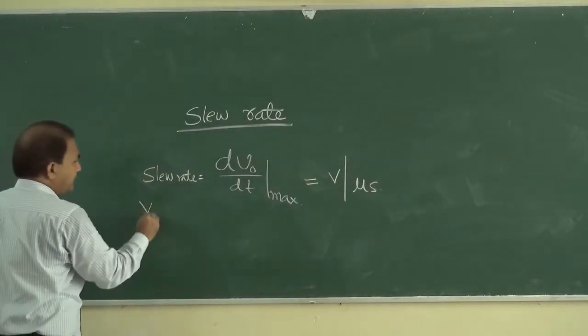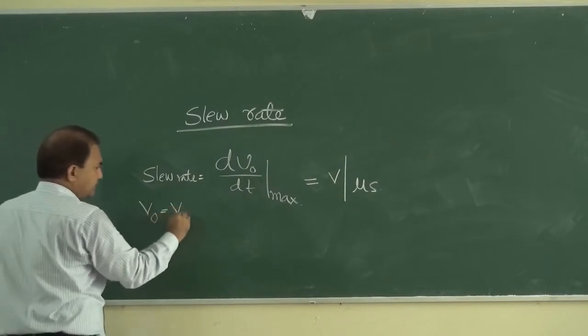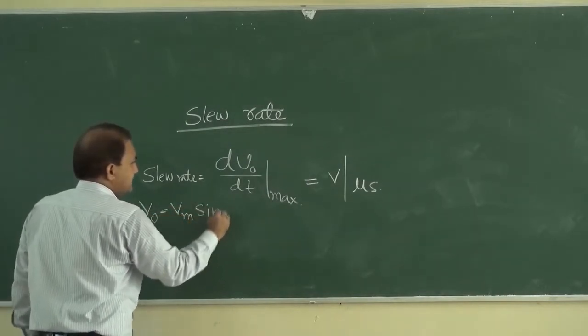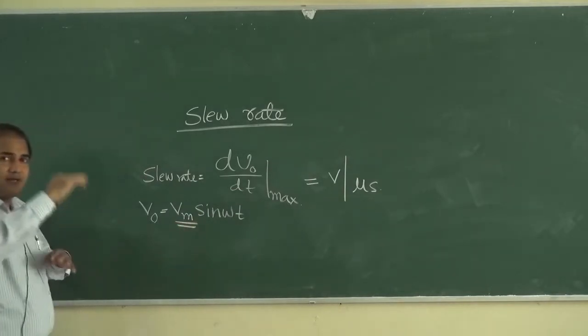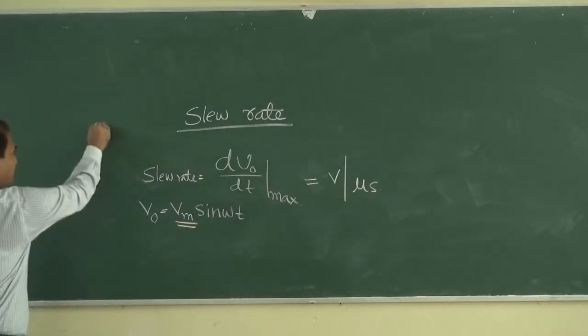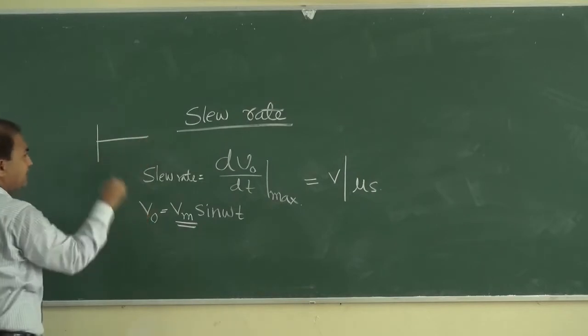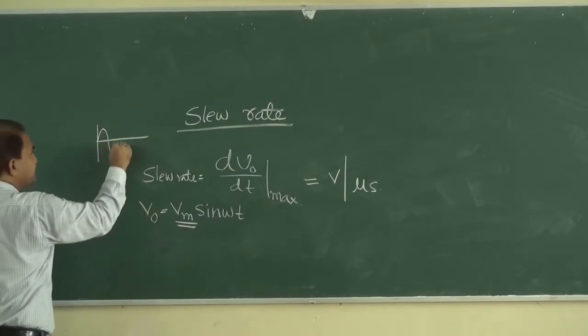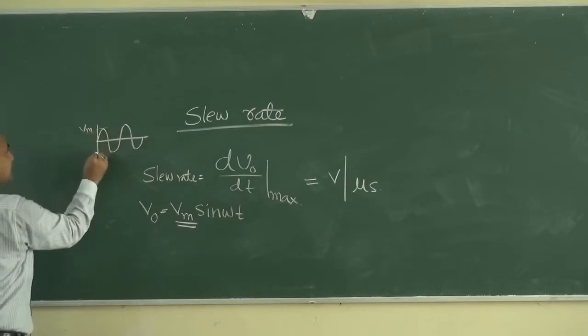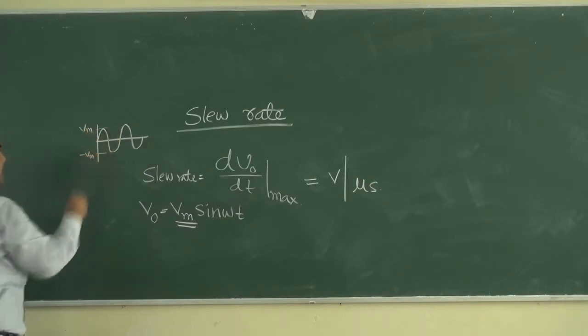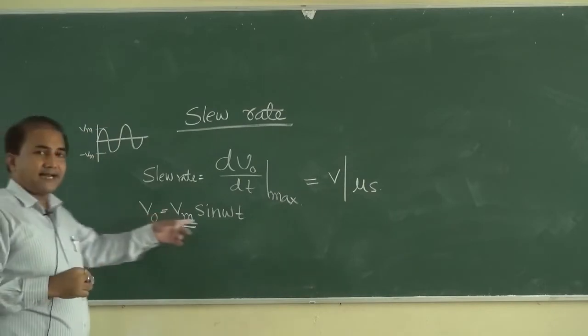So if V0 is equal to Vm sin omega t, where Vm is the peak amplitude of the signal, how can we represent V0? Suppose like this. This is Vm and this is minus Vm. So Vm sin omega t.